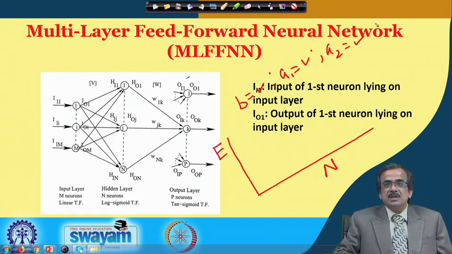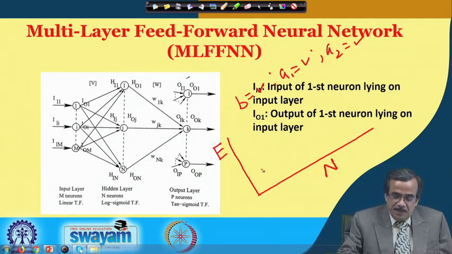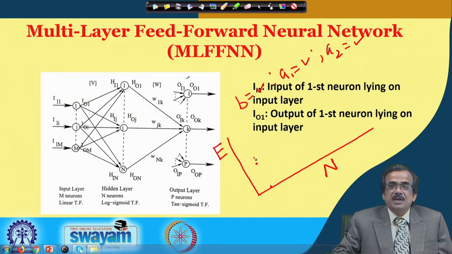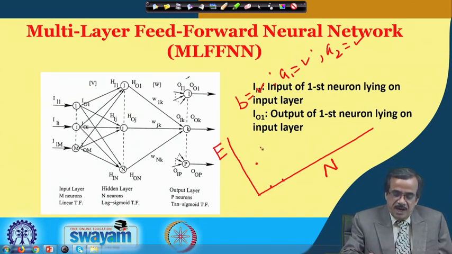Now, we start with 2 hidden neurons. Say this indicates 2 hidden neurons. I will be getting some error; the error could be here. Then I use 3 hidden neurons, might be the error could be here. Then I use 4 hidden neurons, might be the error could be here.